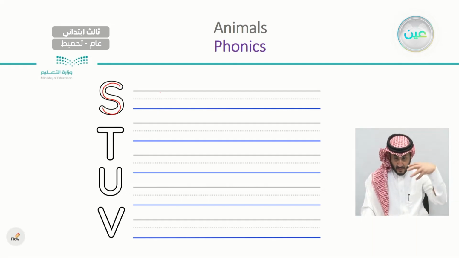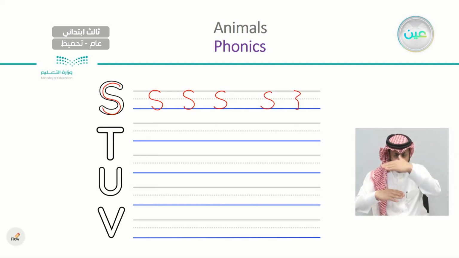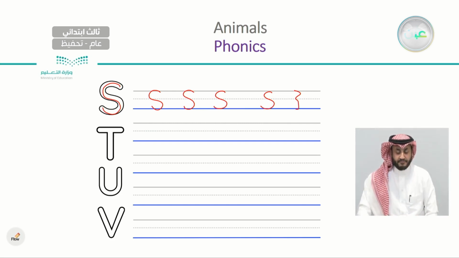Sun. Uppercase S. Remember, uppercase letters always stand on the line and they take up all this space, right? Headline, baseline, and midline.